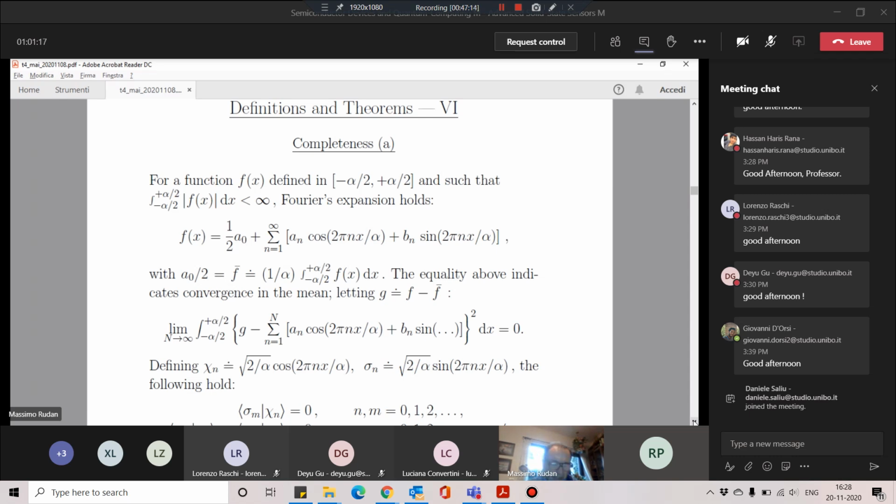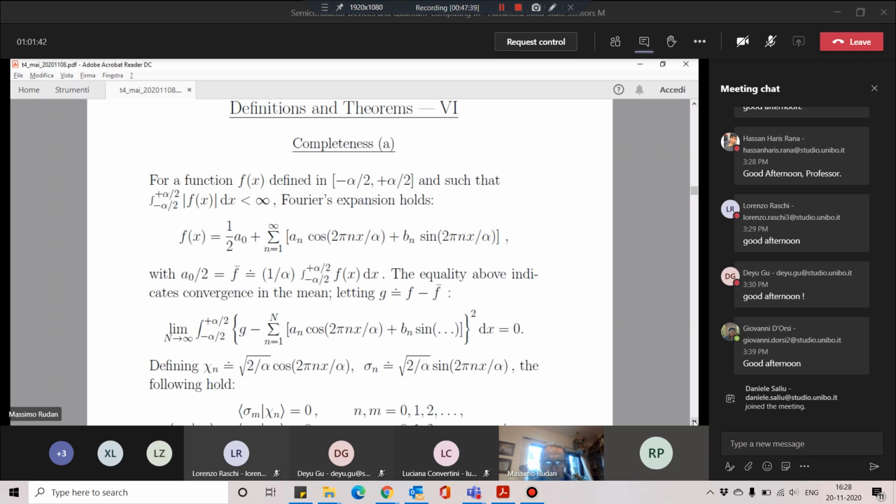So we take an infinite number of terms of the series. If this limit is 0, we say that the Fourier expansion converges in the mean to the original function f or g in this case.